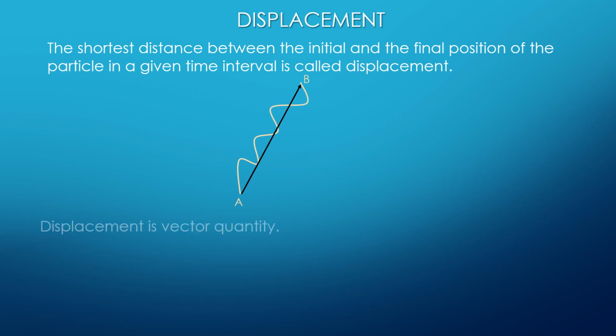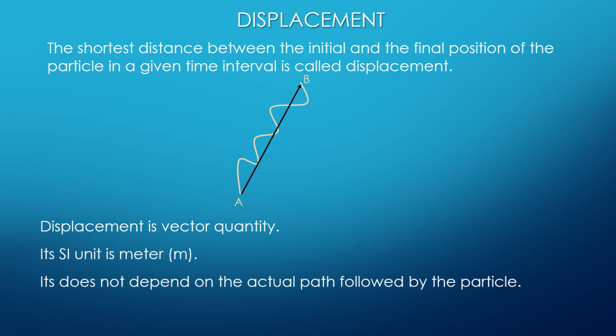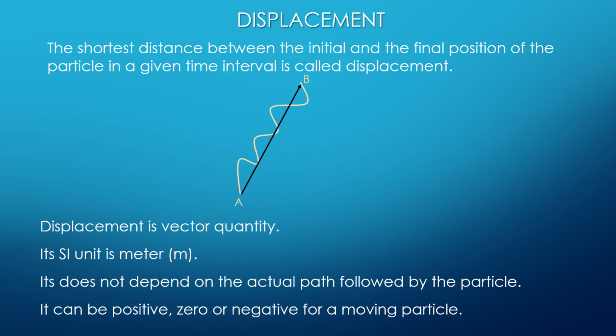Displacement is a vector quantity because it has a particular direction and magnitude. The SI unit is also meter. This does not depend on the actual path followed by the particle. It can be positive, zero, or negative for a moving particle.